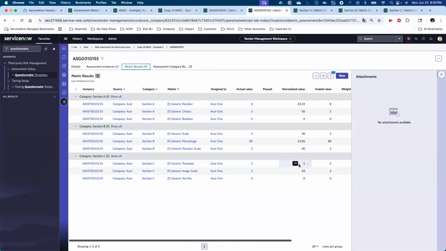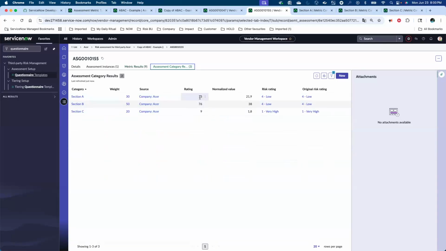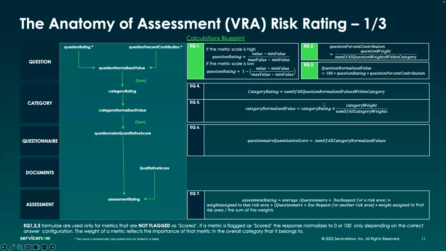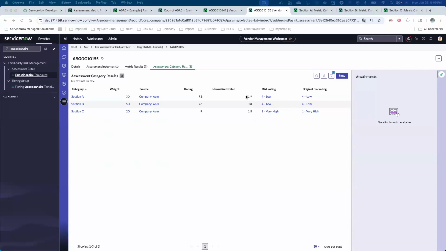This is basically 10 minus 1, so that's 9. And then the system derives the normalized values, again, based on the calculation blueprints. The normalized value is going to be category rating multiplied by category weight by sum of category weights. So that is how it derives this.